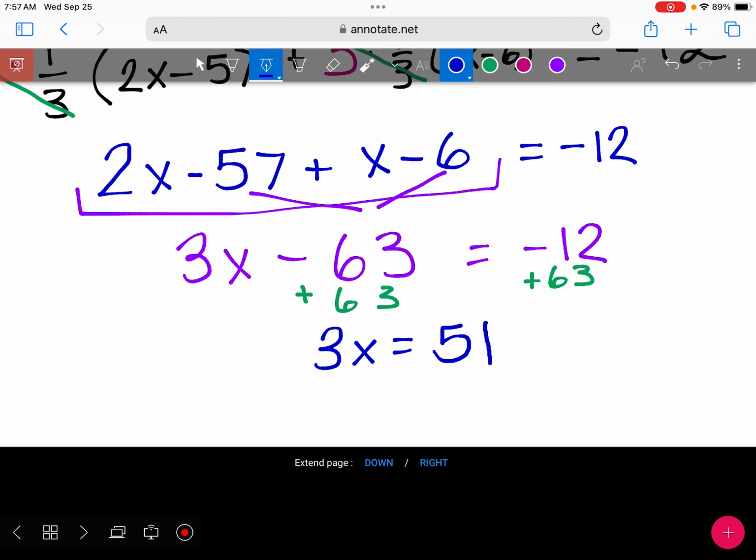So my negative 12 plus 63 gave us 51. Again, use the calculators, feel free. What do we do for our last step here? Last step. Divide by 3 on both sides. So we're going to have our x equals what? 17.